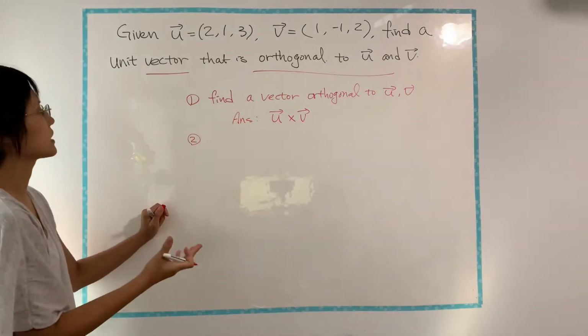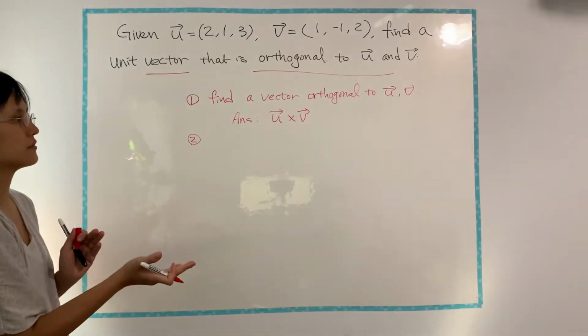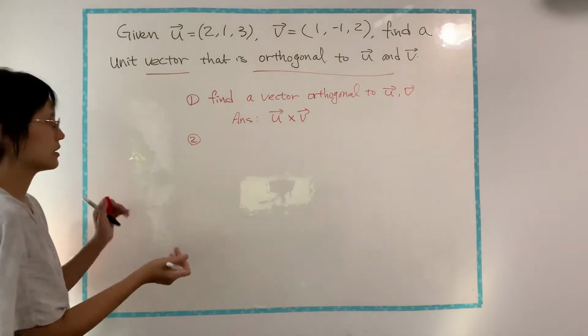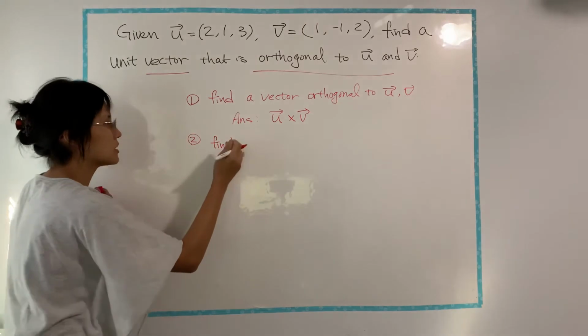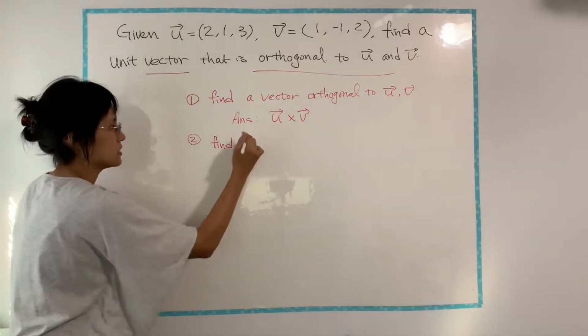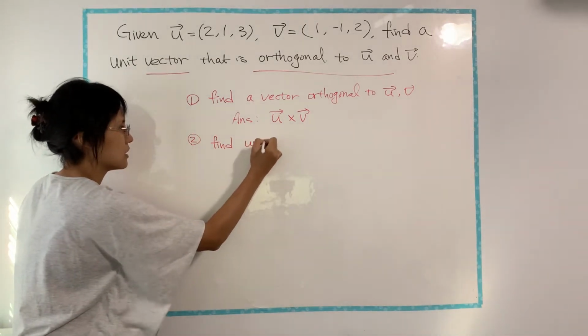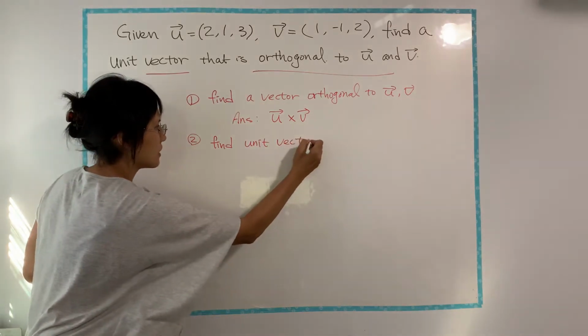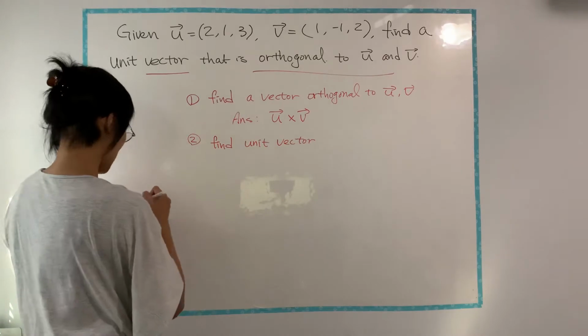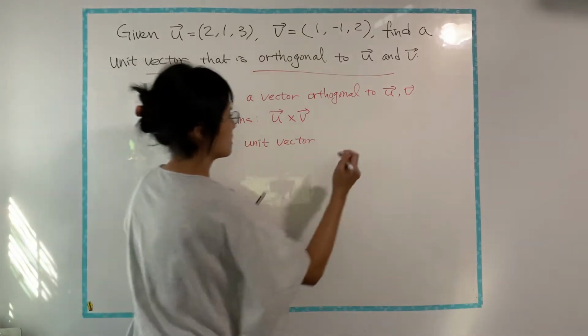Recall, what is a unit vector? It is a vector of length 1. Okay, so next we want to adjust the length of this vector. Alright, so how do we find a unit vector?